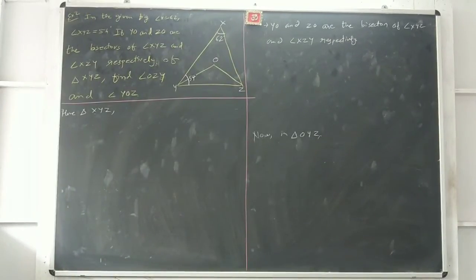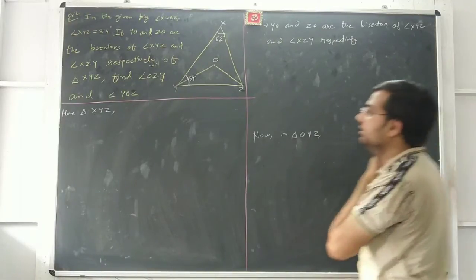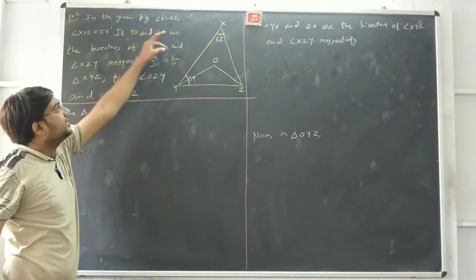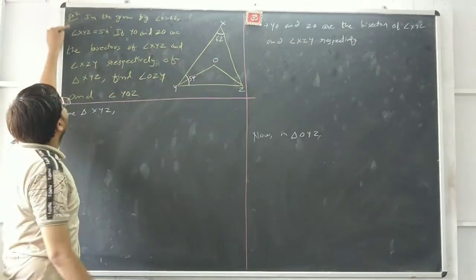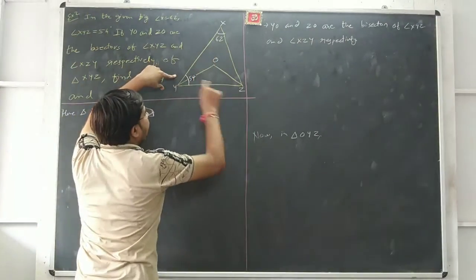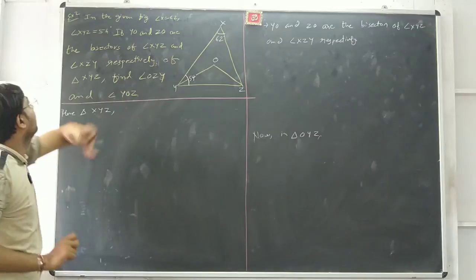In the given example number 2 of 6.3, the question is that in the given figure, angle X is equal to 62, angle XYZ is 54.